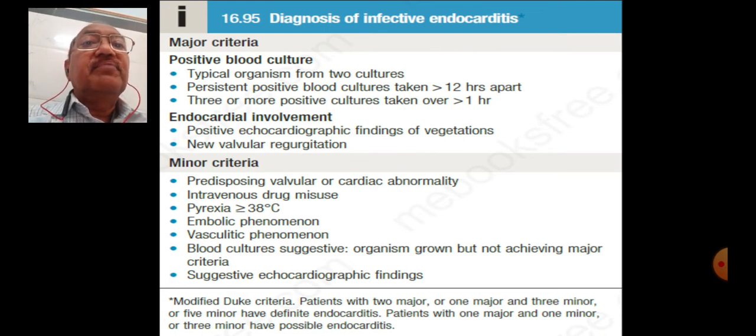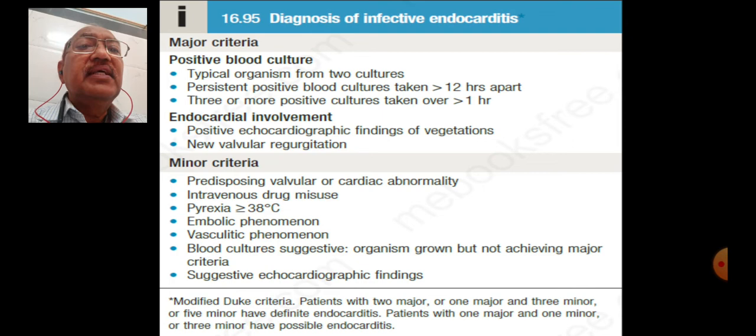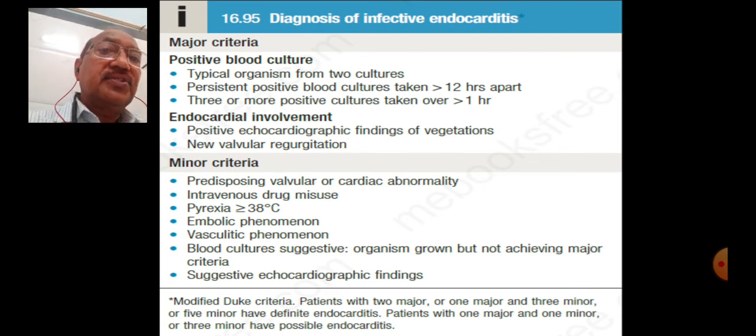In positive blood culture, either typical organisms are grown from two cultures, or there are persistently positive blood cultures taken 12 hours apart, or 3 or more positive cultures taken 1 hour apart. Endocardial involvement is detected by echocardiography in the form of vegetations as well as the development of new valvular regurgitation.